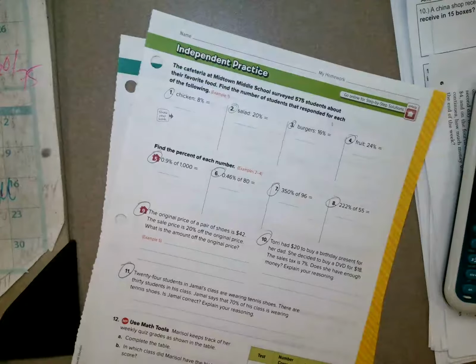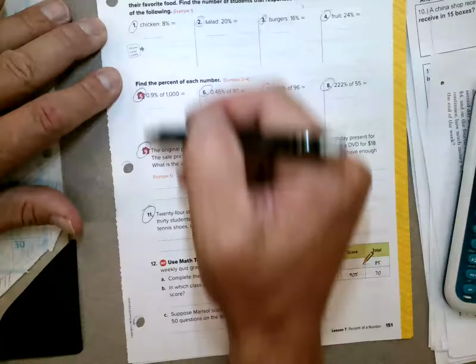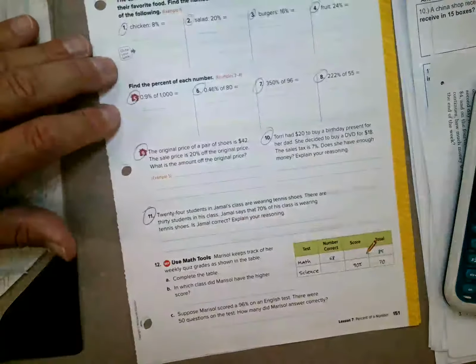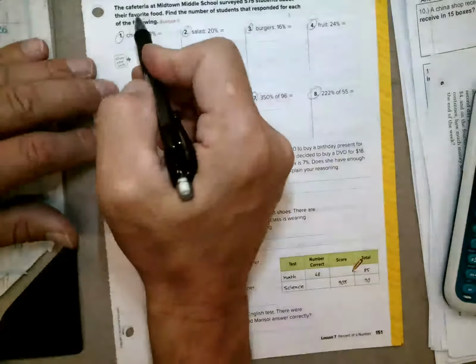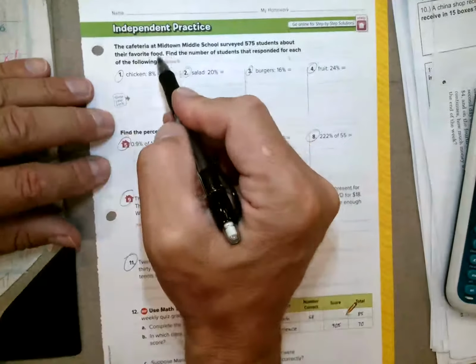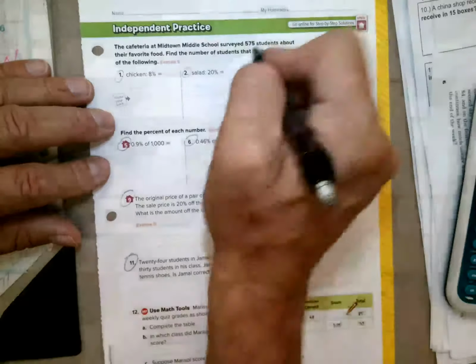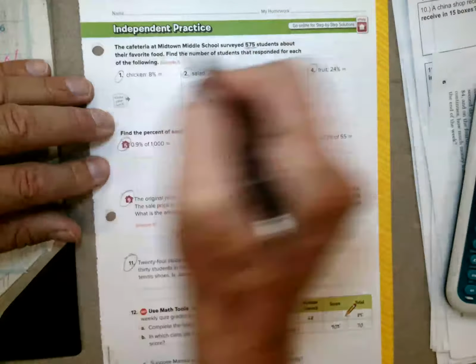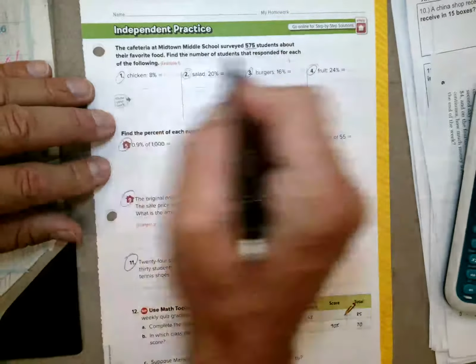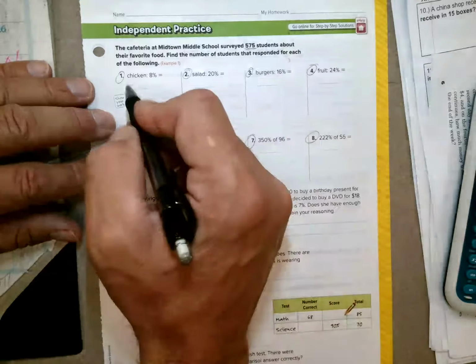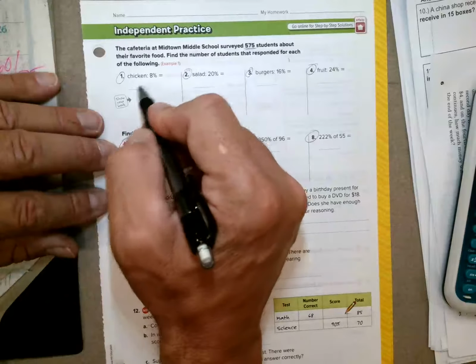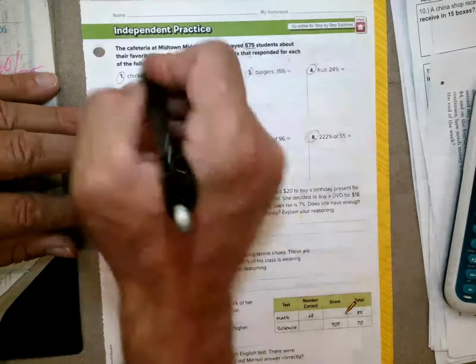So here we are. Sorry, they're stuck together on me there. Let me get situated. We're going to maybe just do these 4 together. The cafeteria at Midtown Middle School surveyed 575 students about their favorite food. Find the number of students responding for each of the following. 8% of the 575.